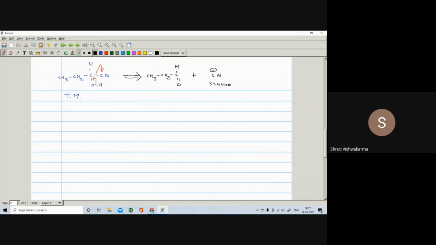And for CN minus, we can write the corresponding synthetic equivalent, which is HCN. So here is a disconnection of a cyanohydrin.